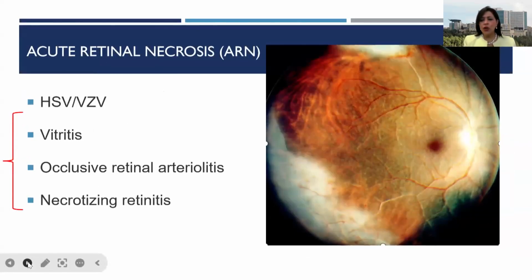So we know that when the herpes simplex or the VZV viruses affect the posterior segment of the eye, the phenotype is known as acute retinal necrosis, which is characterized by the triad of vitritis, occlusive retinal arteriolitis, and necrotizing retinitis.